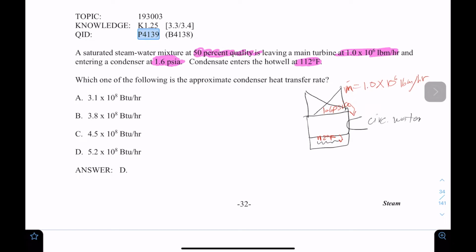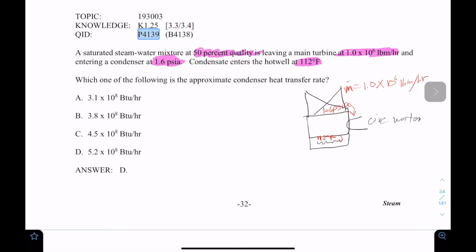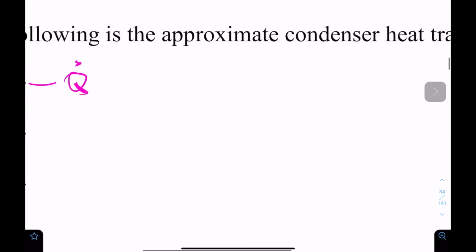So if we have a phase change, what formula do we use? The question is asking which one of the following is the approximate condenser heat transfer rate in BTU per hour. BTU per hour is my heat transfer rate, my Q. But since I have a phase change, I have to use my enthalpy, right?